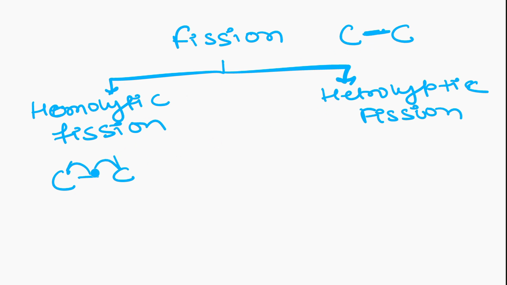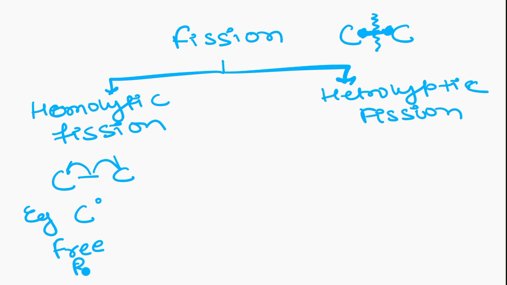This bond is made up of one carbon atom and another carbon atom, and when this bond breaks, this carbon atom takes the electron and this carbon atom takes the electron, and they form free radicals.